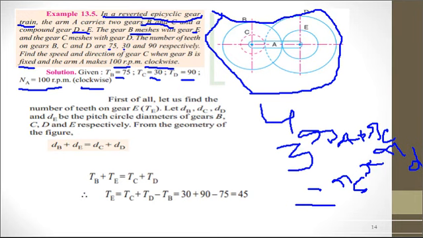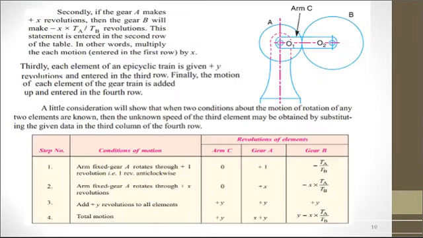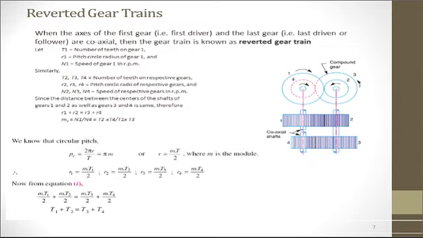So let us move to the previous slides. This is a reverted gear train. Here we know that the circular pitch is equal to 2 pi r by t, which is equal to pi into m.